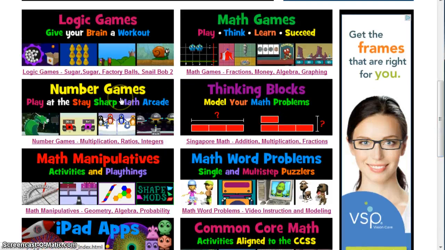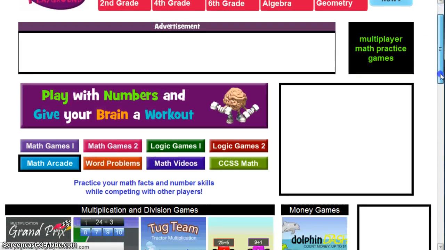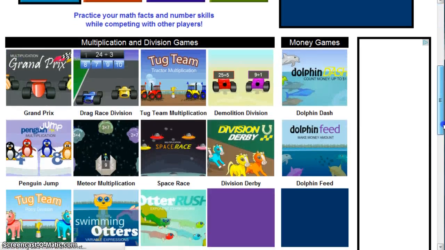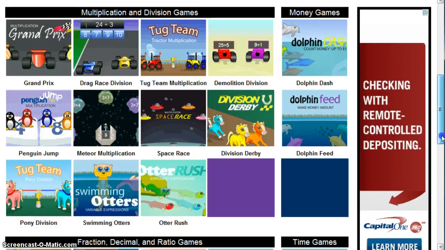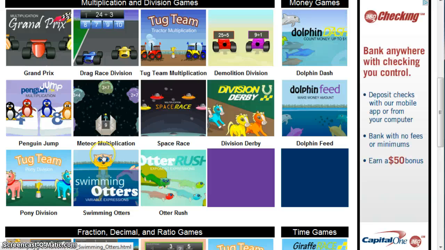If we click real quick into the number games, we will see that many of these games actually come from the Academic Skill Builders producers.